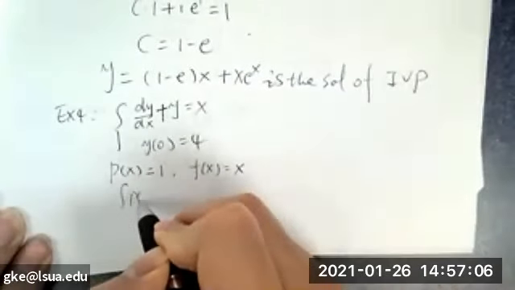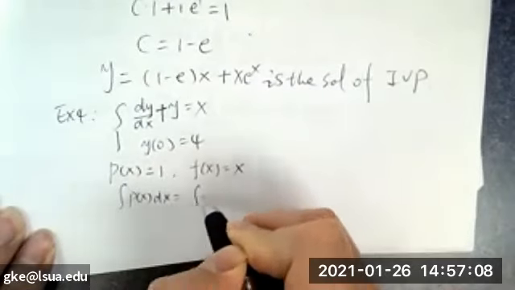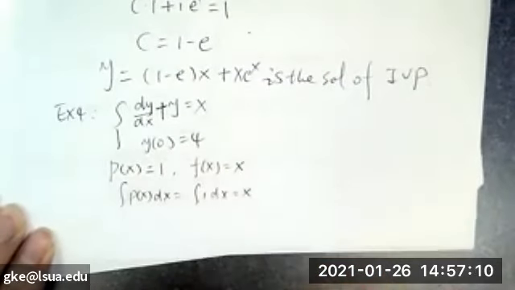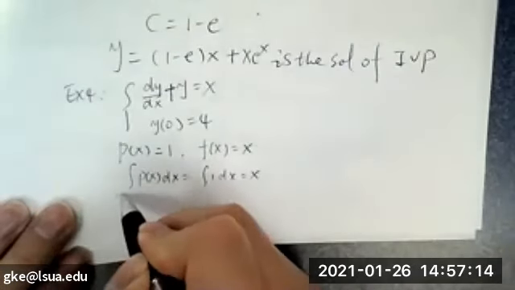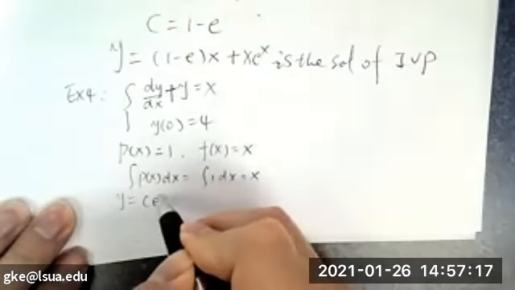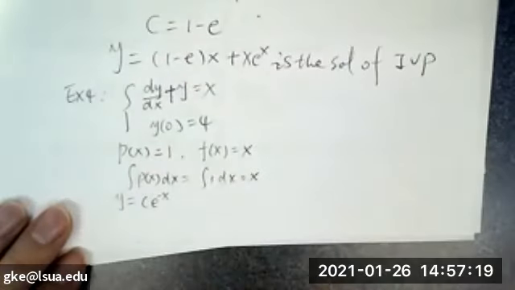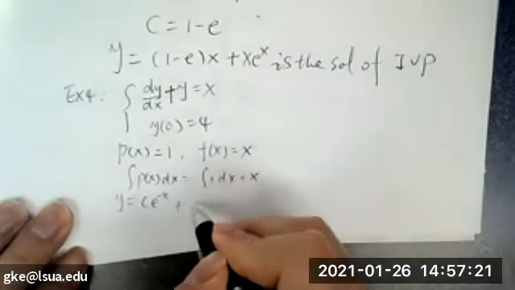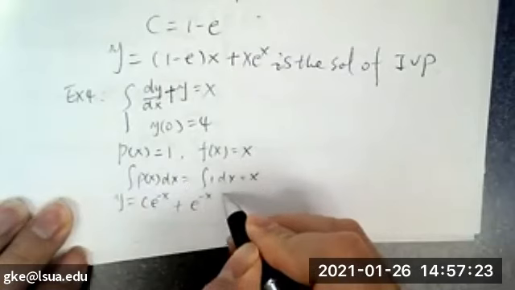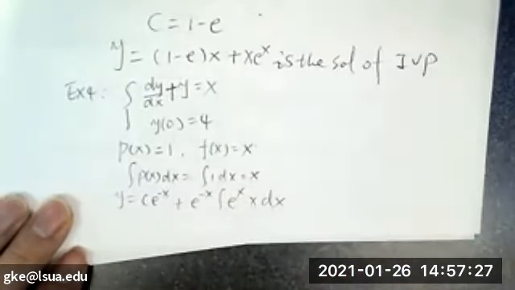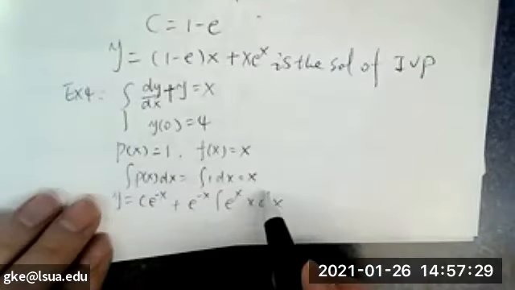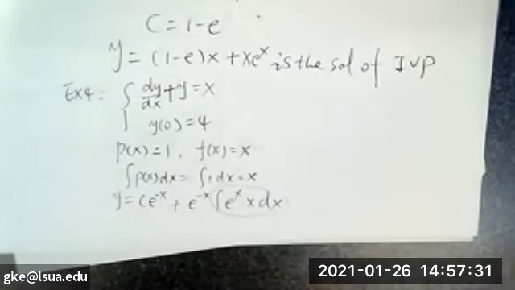So follow the steps. All right, so that's the antiderivative and plug in f(x). How to do the integral of this guy? Integration by parts, right?